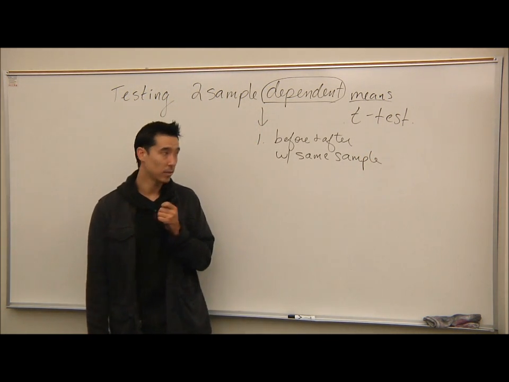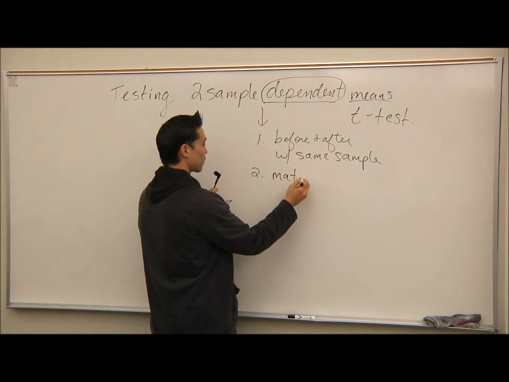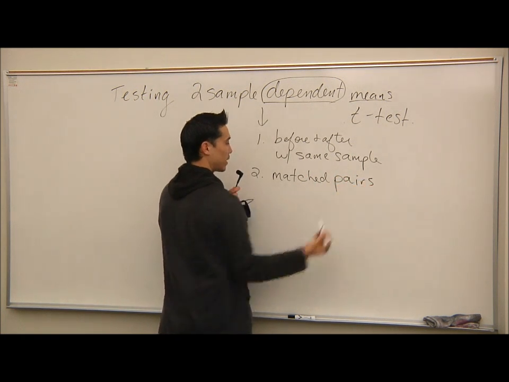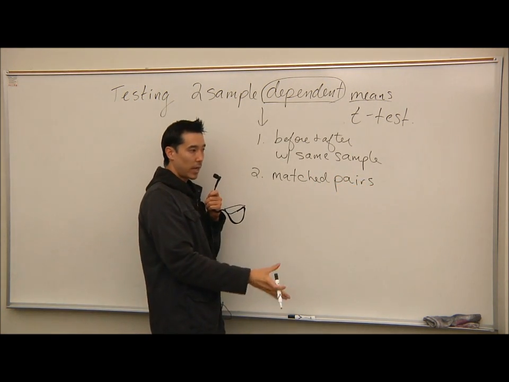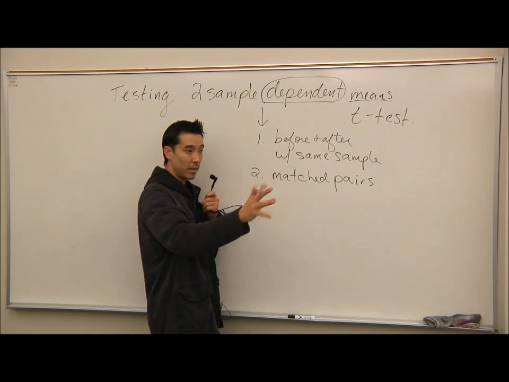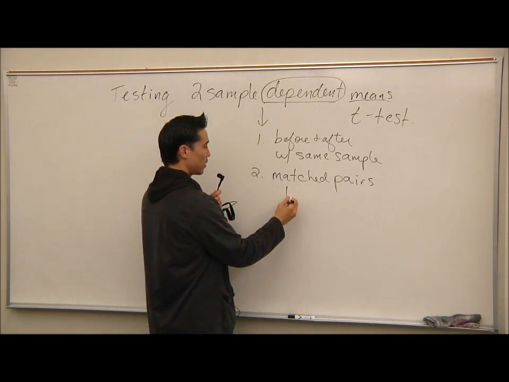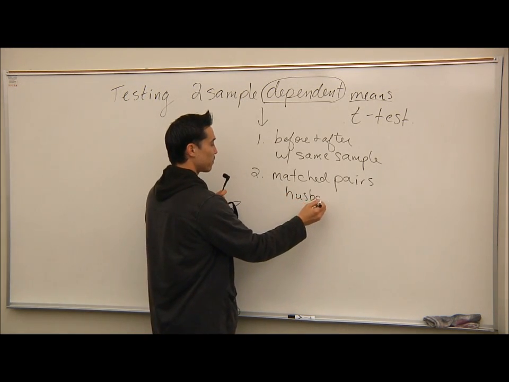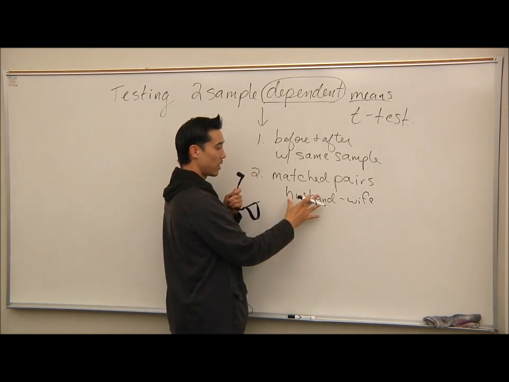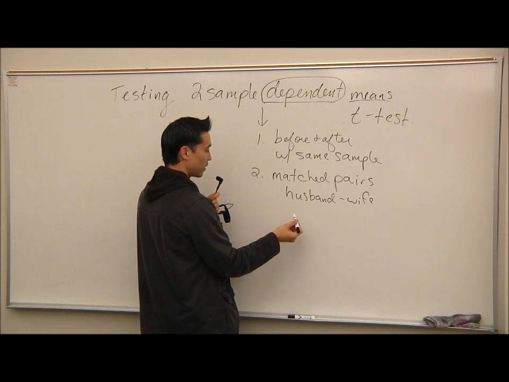And other times we look for some sort of direct relationship or matched pairs. Okay, so this could be, we have a group of husbands and we look at them, and then in the next sample it's their wives or something like that. So you could have husband, wife. So one sample is the group of the husbands, and then the wives are the other group, or any relationship like that.